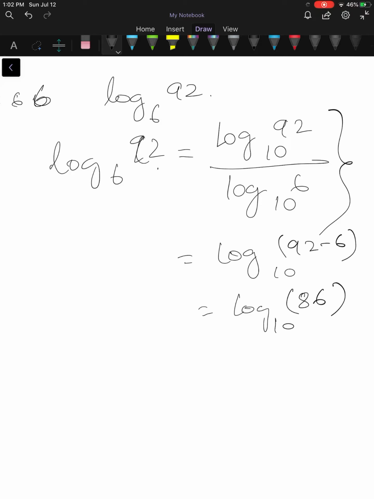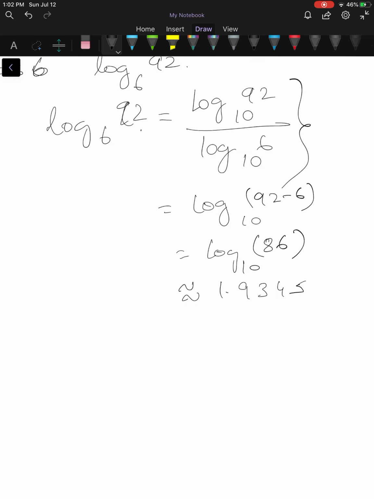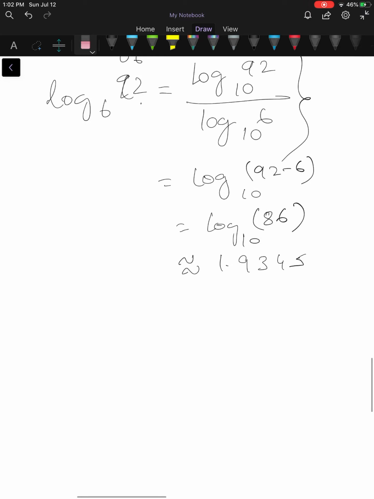So using a calculator, I get the value to be approximately, to 4 decimal places, which is what they have asked us for, 1.9345. If you had to do it the other way, that is to base e, the same thing will be applied, but to base e. So there is no difference. I hope you can do this by yourself.